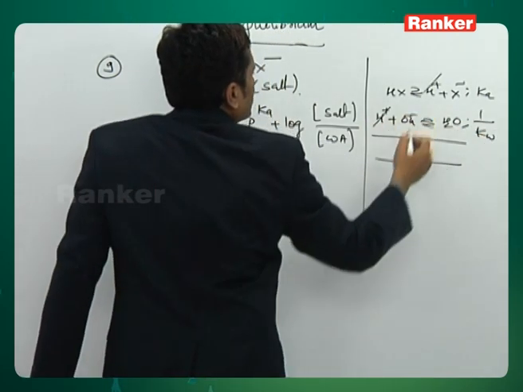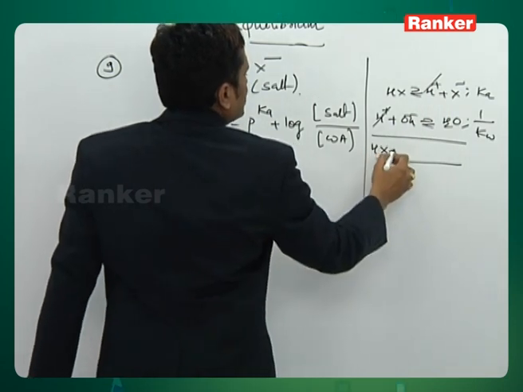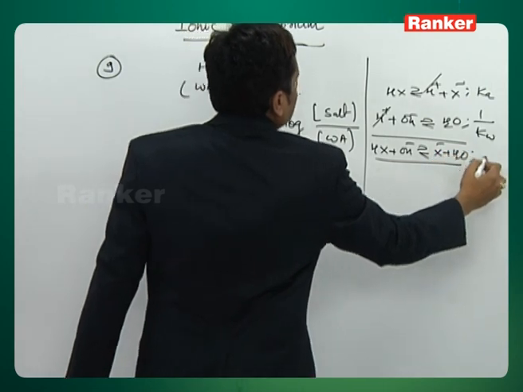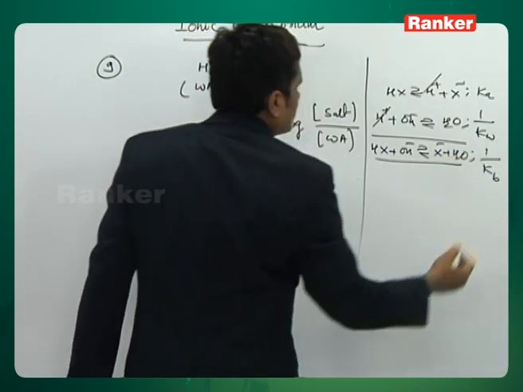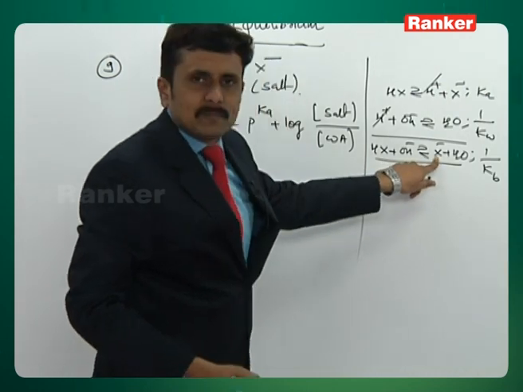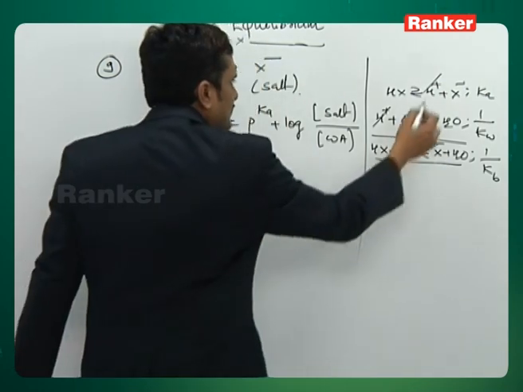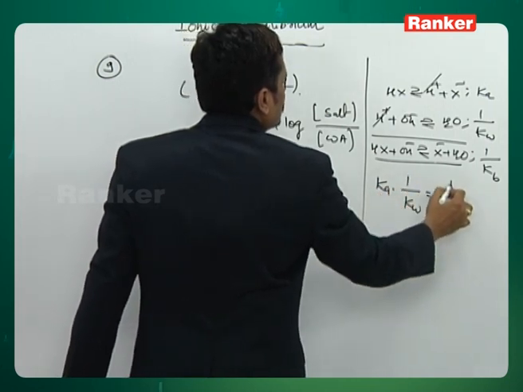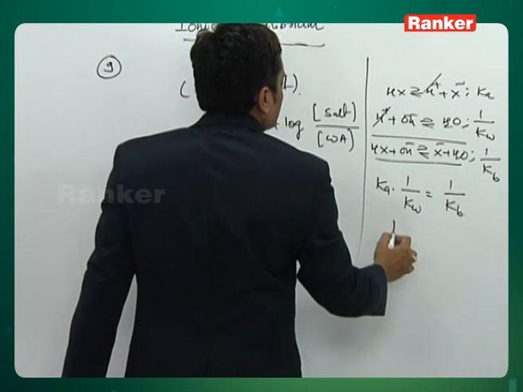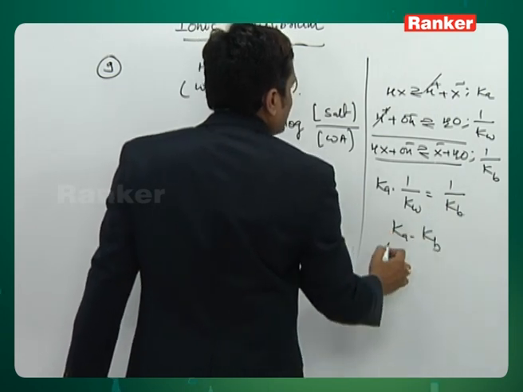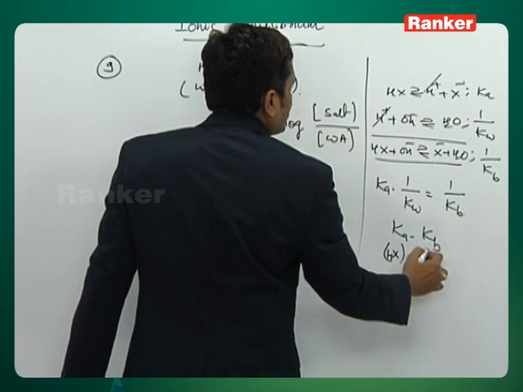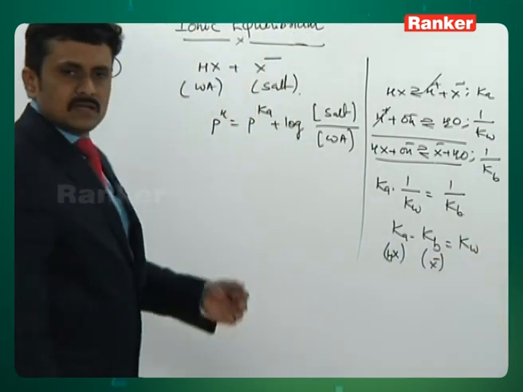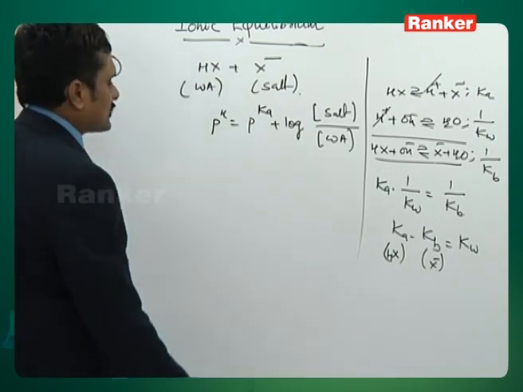So when these two are reacting, HX plus OH minus is in equilibrium with X minus plus water. This is what we call 1 by Kb, because the reverse reaction is nothing but the basic nature of X minus. So as per equilibrium rules, Ka into 1 by Kw is equal to 1 by Kb, or Ka of HX into Kb of X minus is always equal to Kw.